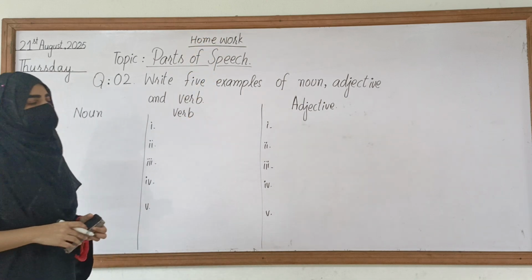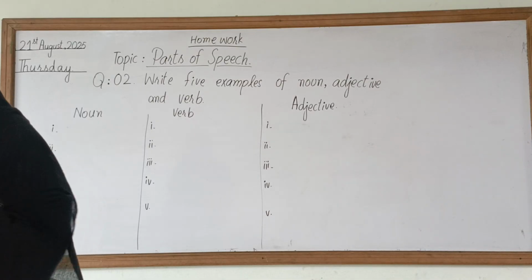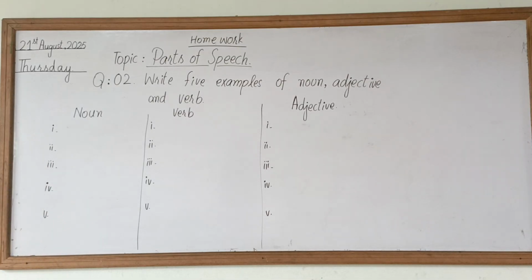So this is your homework for today. You are supposed to write 5 examples of noun in one section by putting all the numbers in a sequence, in a Roman count or a numeric count, whatever you want. Then make the section of the verb and then make the section of adjective.